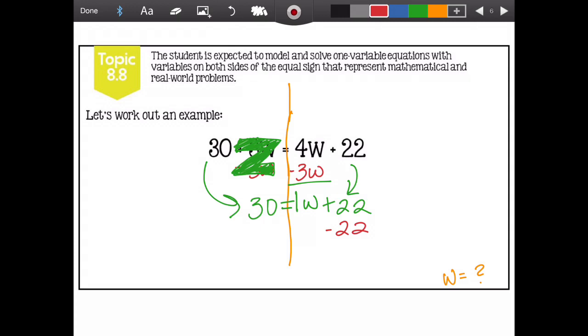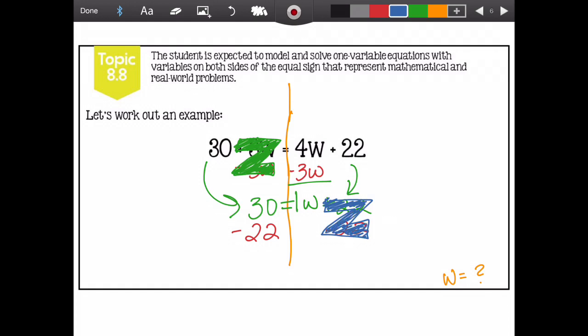So if I subtract 22 on the right side, I also have to subtract 22 on the left side, again, to keep my equation balanced. And then again, we see that this plus 22 and minus 22 is going to create that 0 pair. Okay, so those inverse operations are canceling these numbers out.